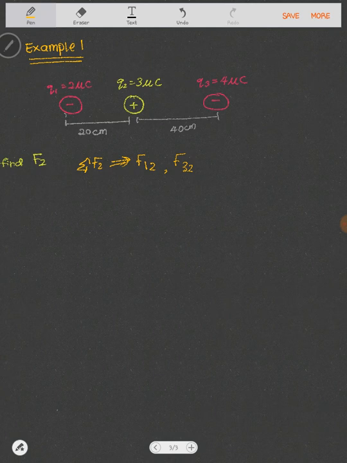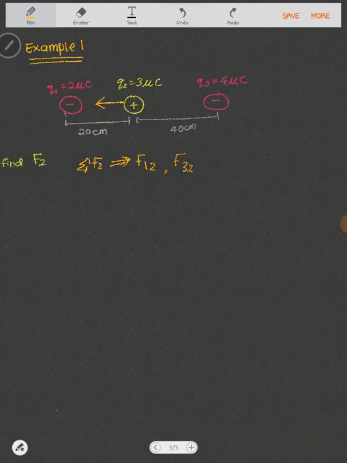Okay, so kita tengok positif dengan negatif, charge 1 and charge 2, dia akan attracted to each other. So charge 2 ni dia akan tertarik ke arah sini sebab dia attracted to the negative charge from charge 1. Okay, so untuk force on charge 1 tu tak payahlah buat, walaupun kita tahu dia akan pergi ke arah sini juga, attracted to charge 2, tapi tak payah buat sebab kita nak tahu find F2.